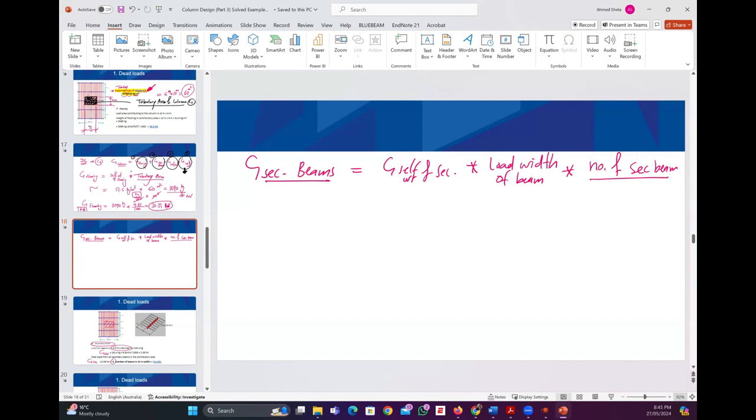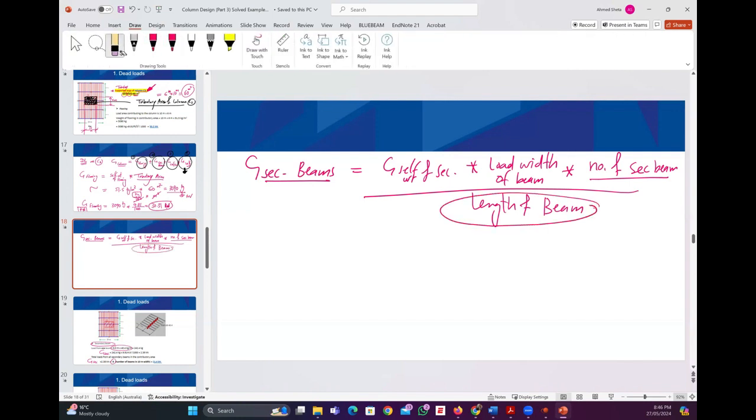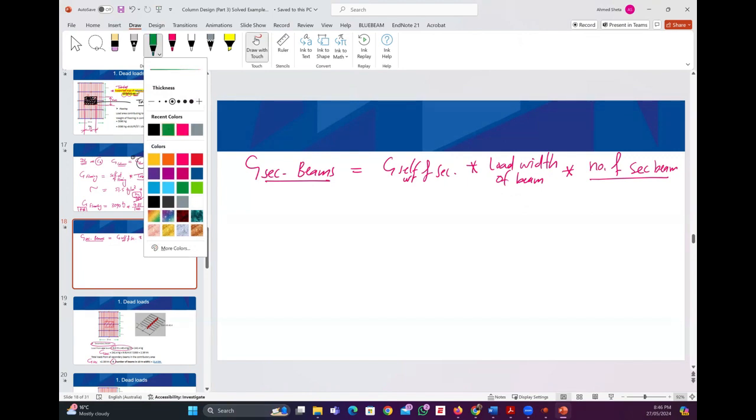Okay, so why didn't I divide by the length of the beam? In the calculation of the beam, we divide by the length of the beam. Here, we will not divide by the length of the beam because we need to find the load as kilonewton.